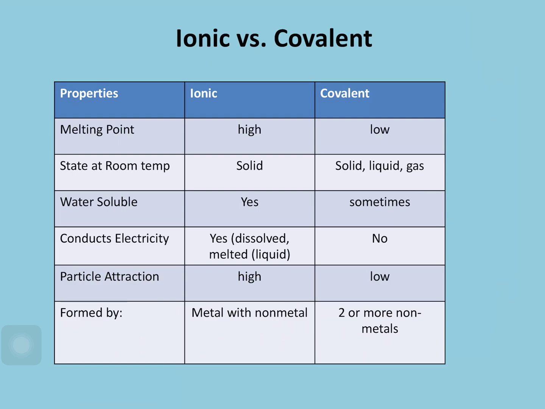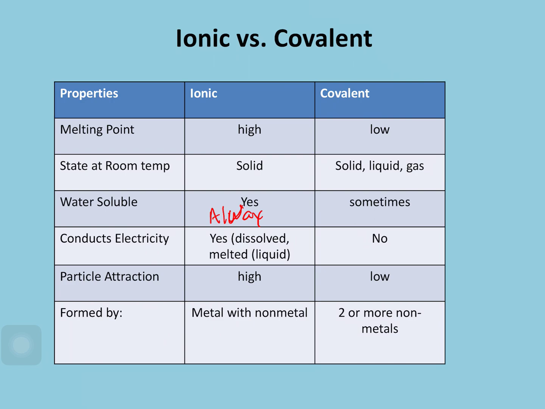There are other ways to tell by their properties. If you have a high melting point, it's going to be ionic. If it's low, it's going to be covalent. At room temperature, ionic is a solid, while covalent can be a solid, liquid, or gas. Ionic is always water soluble. Covalent is sometimes.